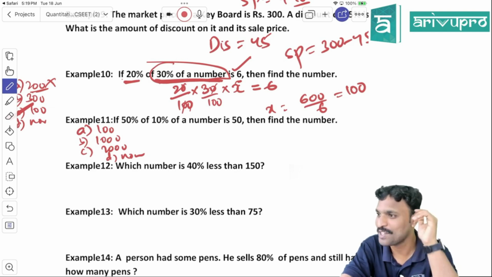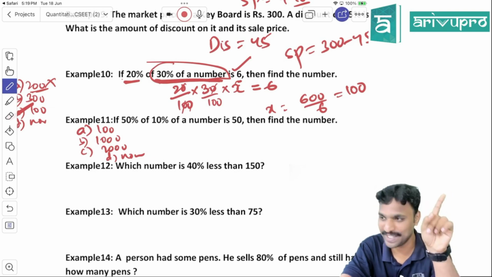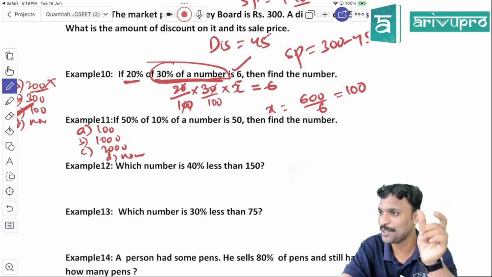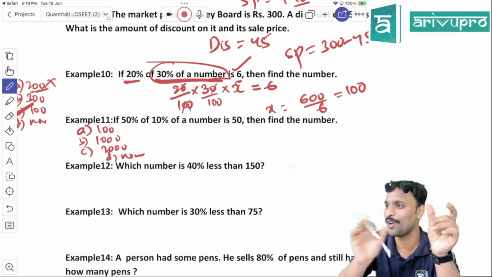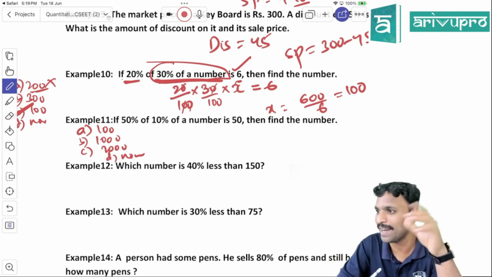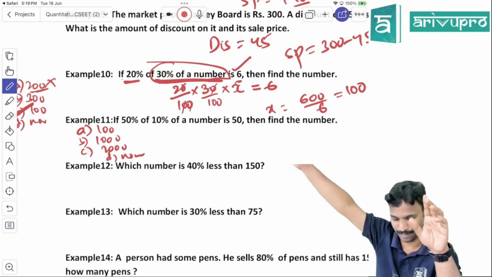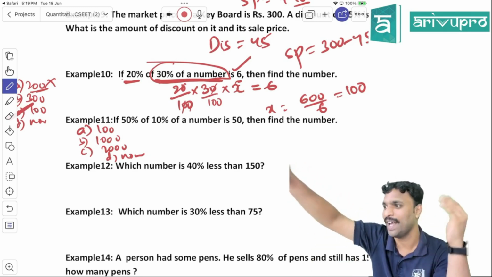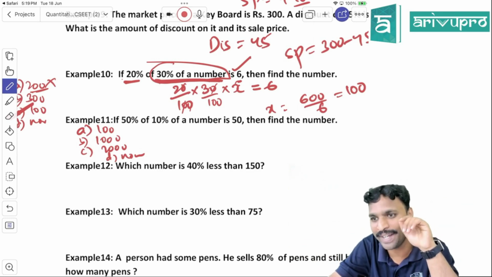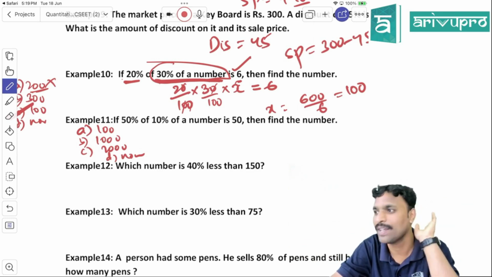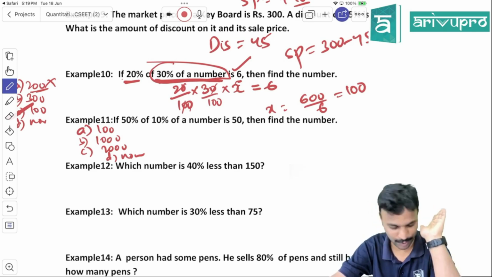You did the conventional way only. 50 has 1 zero. 10 also has 1 zero. 2 zeros. Denominator 1 followed by 4 zeros. So 2 zeros cancel. 100 is remaining in the denominator. 5 in the numerator. 100 multiplies with 50, 5,000. 5 comes in the denominator. 5,000 by 5, 1,000. You can do that way, or optionating also you can do.